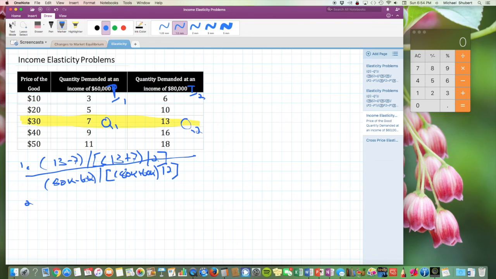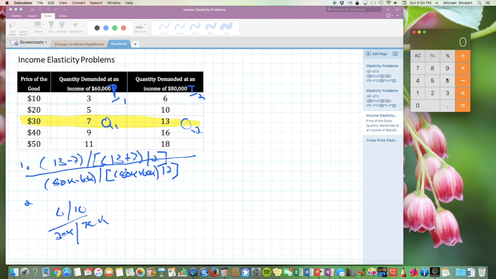Step 2, I'm going to go ahead and simplify. I have 6 over 10 divided by 20,000 over 70,000. Now I'm going to use my calculator so I make sure I'm not making a mistake.